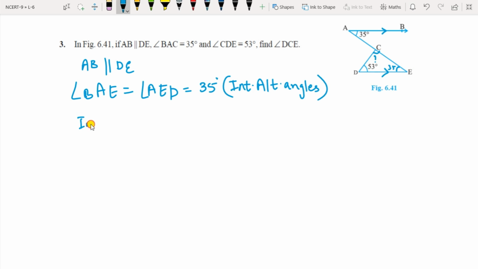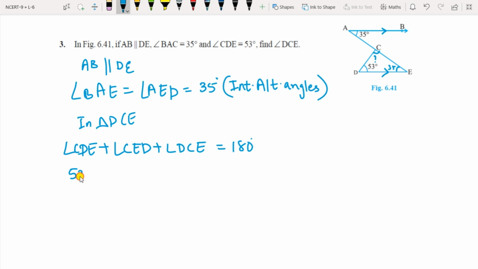So consider triangle DCE. Okay, so angle CDE plus angle CED plus angle DCE equal to 180. That is sum of all the angles of triangle is equal to 180. So this D is 53 given and E is 35 we have found out, plus angle DCE we need to find equal to 180.